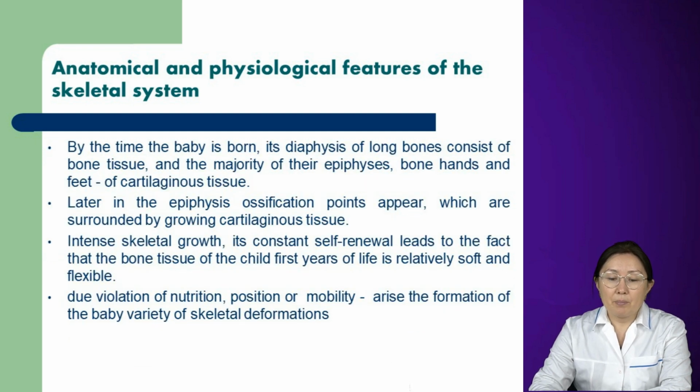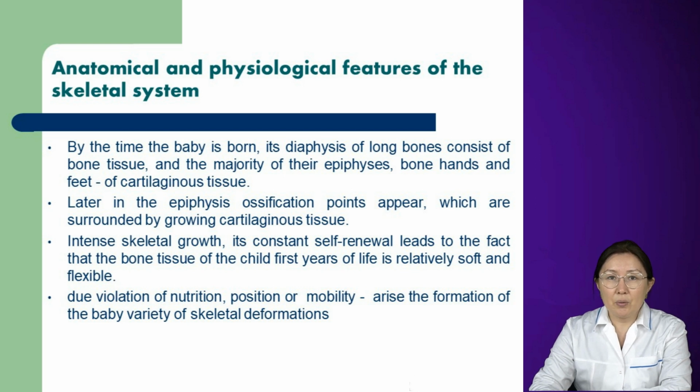By the time the baby is born, the diaphysis of long bones consists of bone tissue, and the majority of their epiphyses, the bones of the hands and the feet, consist of cartilaginous tissue. Later, ossification points appear in the epiphyses, which are surrounded by growing cartilaginous tissue.